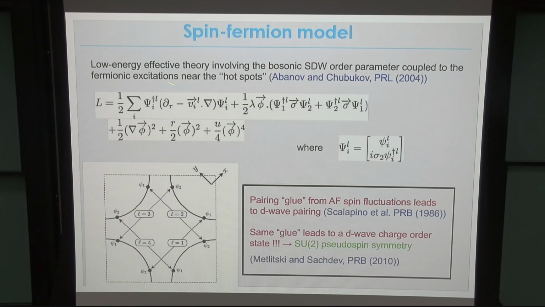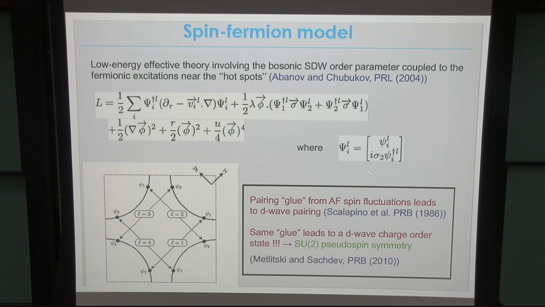So this is the spin-fermion model. We can decouple the Hubbard U interaction in the magnetic channel by introducing a Hubbard-Stratonovich field. By using the Hubbard-Stratonovich transformation, we can derive this Lagrangian for the system. This is the spin-fermion model, which was put forward by Abanov and Chubukov.